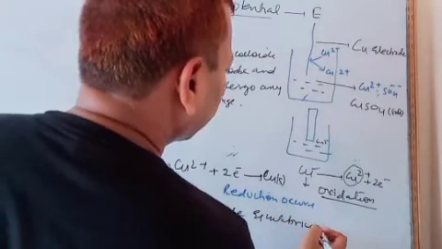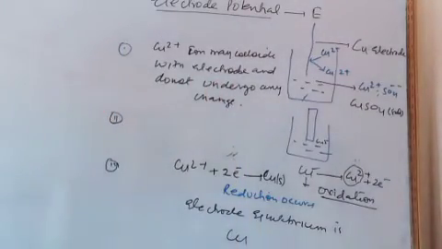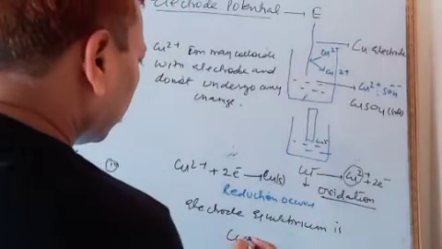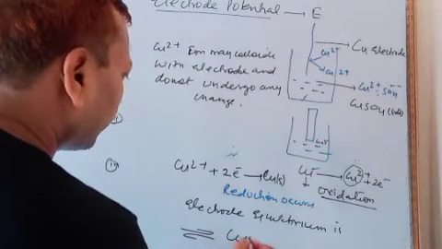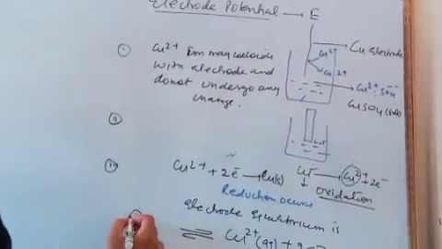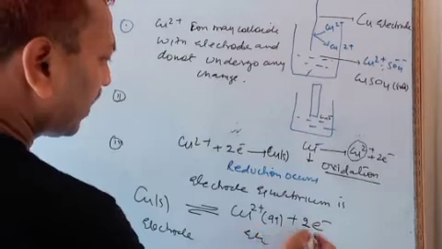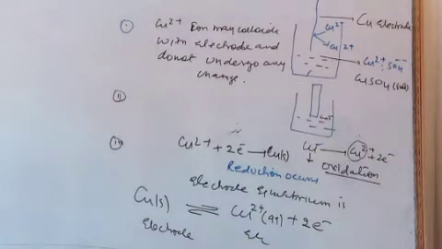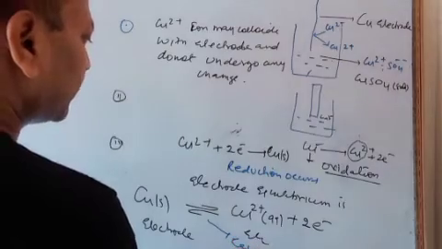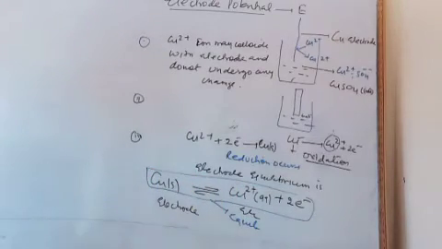Equilibrium is established between copper ion plus 2 electrons and copper metal, with the electrode on one side and the electrolyte on the other, and there is a separation of ions. After this, the equilibrium is established, and this is known as electrode equilibrium. So these are the three conditions.